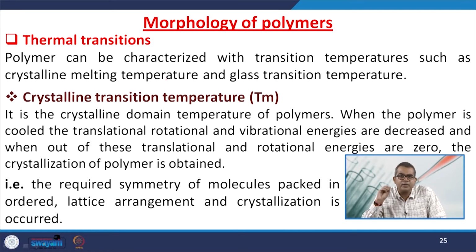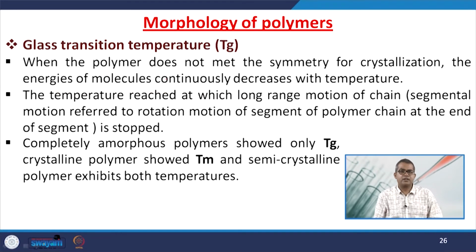When the polymer is cooled, the translational, rotational and vibrational energy usually decrease. Usually, when these translational or rotational energies reach zero, the crystallinity of the polymer is obtained. That is, the required symmetry of molecules packs in an ordered lattice arrangement, and crystallization occurs.